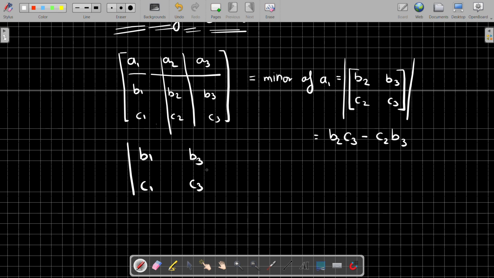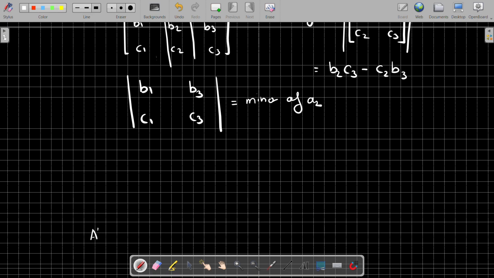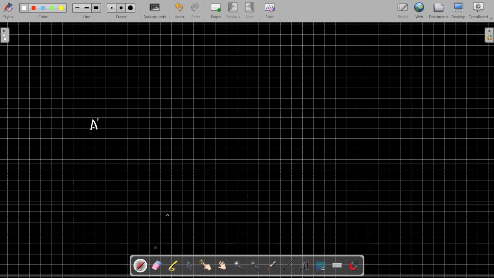We will take the determinant of this and we will get the minor of A2. So now let's continue to the next topic.